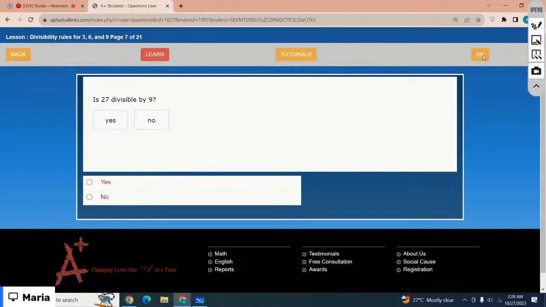Is 27 divisible by 9, which is the correct option? The correct option is yes, 27 is divisible by 9.